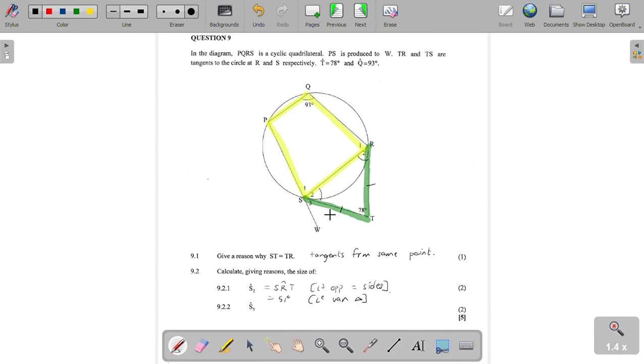Okay, and then for S3, you can go the route of saying this one and this one must be supplementary, or what I'm going to do is I'm going to say that angle RSW must be equal to 93 degrees, exterior angle of a triangle. Nope, lies.